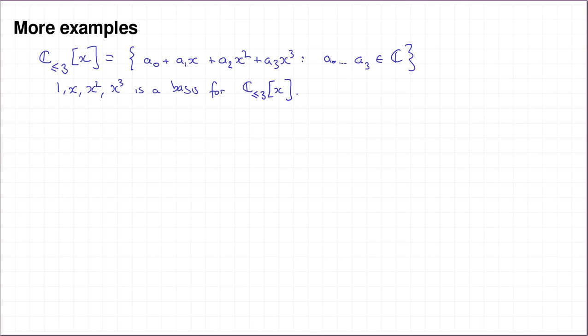And the reason for that is I think it's pretty clear that every polynomial in C less than or equal to 3 of x can be written as a linear combination of those four things.